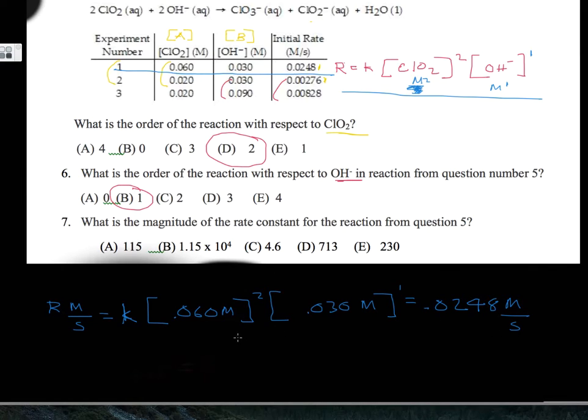So if we take the molars out, we can ignore those for now. This will have units of molar squared and molar to the first, and we'll look at the units in a minute.